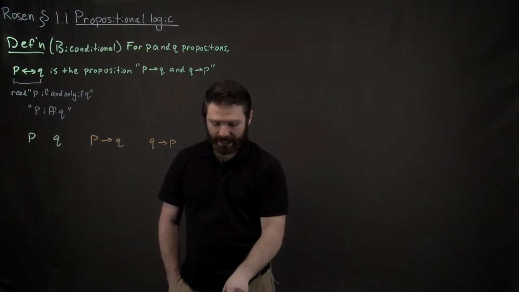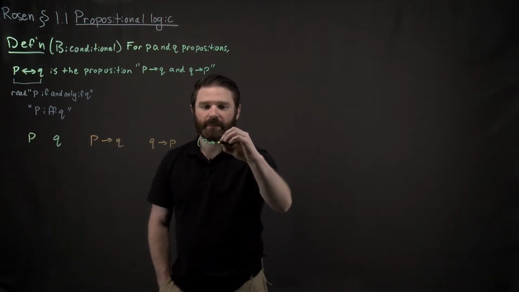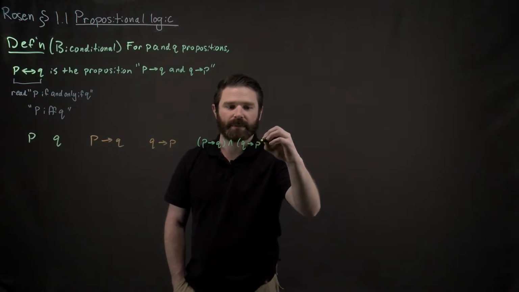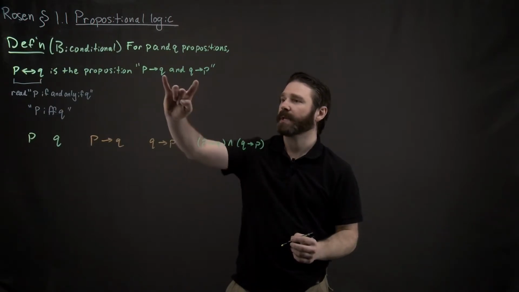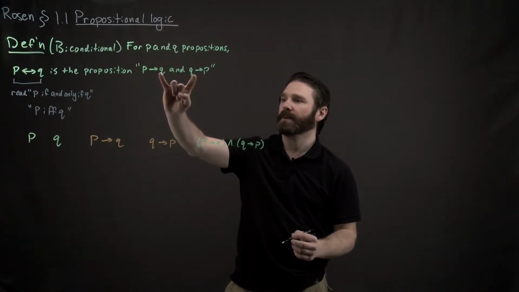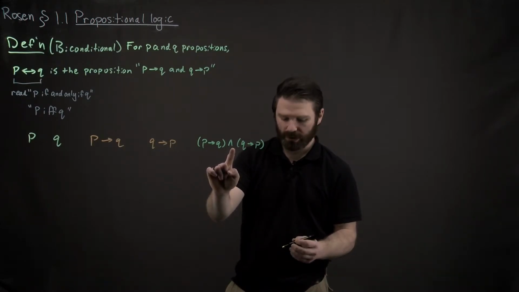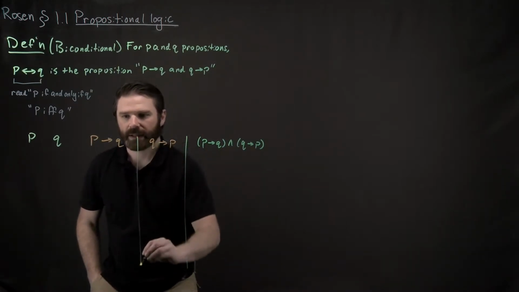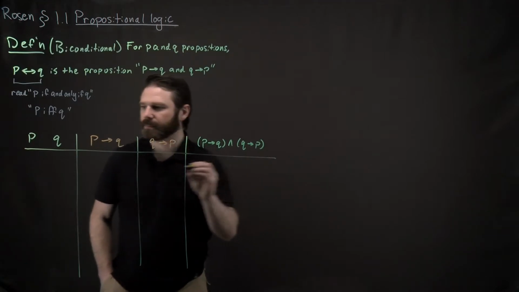And at the very end, I'm going to have my P implies Q and Q implies P. Note that this is how we would represent that proposition using our notation that we introduced earlier. So let's see if we can fill out this truth table.